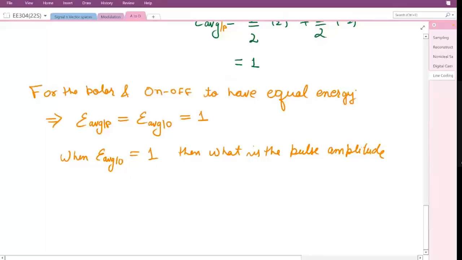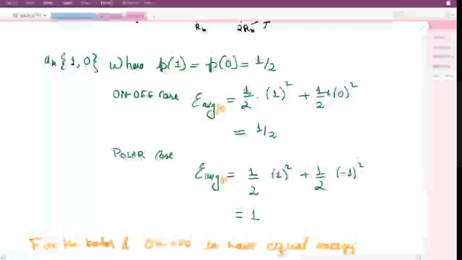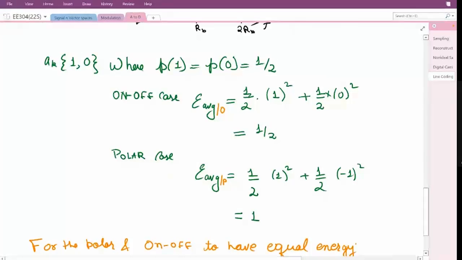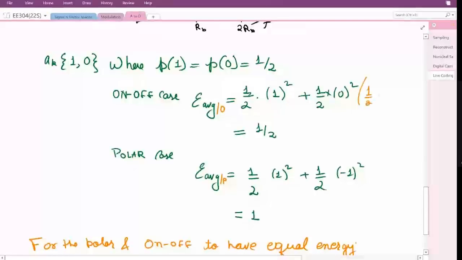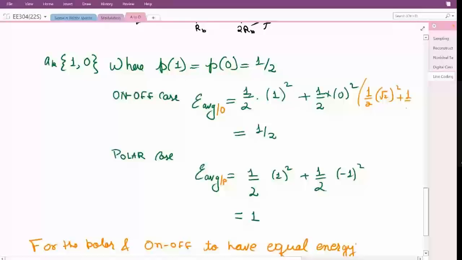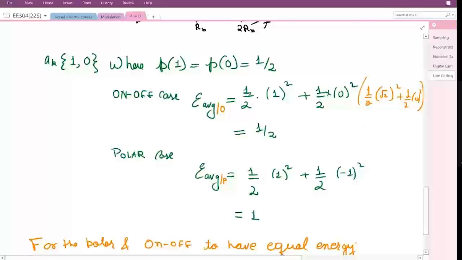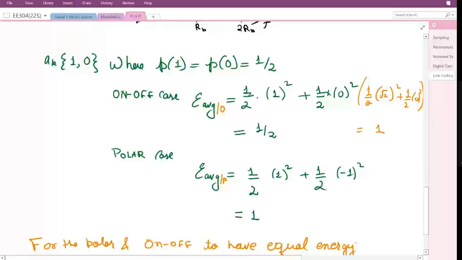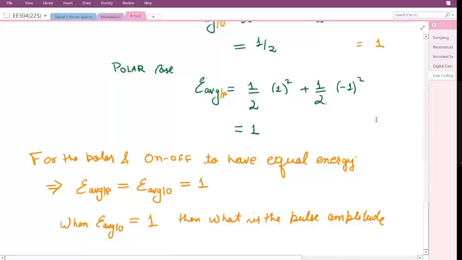If I had, instead of 1, root 2 whole square plus 1 upon 2 times 0 square, then this would have resulted in 1. So effectively I have to have a pulse with amplitude root 2.